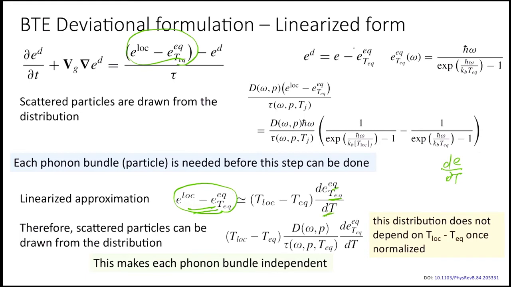Treating it as delta E, we have delta E over delta T, so we have to multiply by delta T. So we approximate it as a first derivative with respect to T, taken at T equilibrium, and then T log minus T equilibrium would come in. So we have approximated this E log term like that.